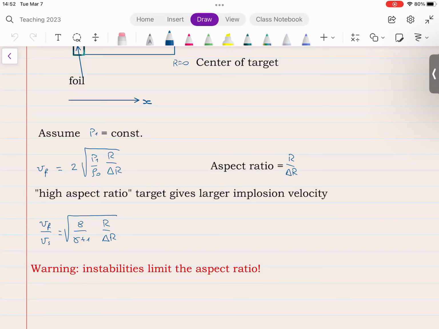You cannot make it as large as you want. You need a minimum thickness to allow you to have an implosion that is not completely ruined by instabilities. Remember Rayleigh-Taylor and Richtmyer-Meshkov.